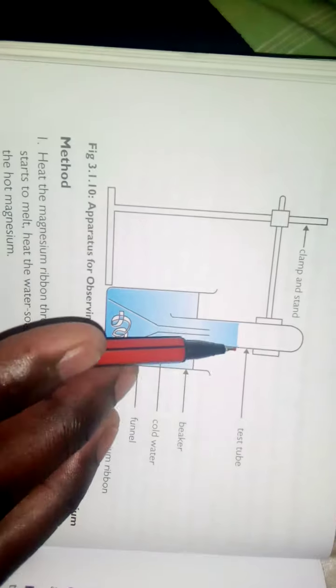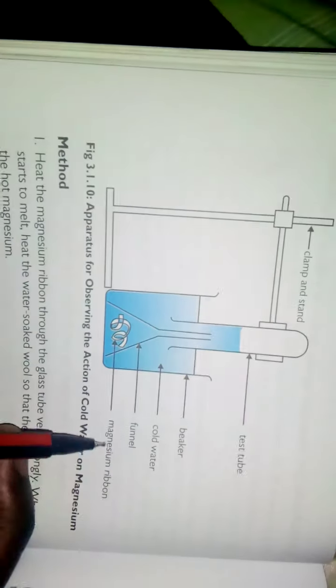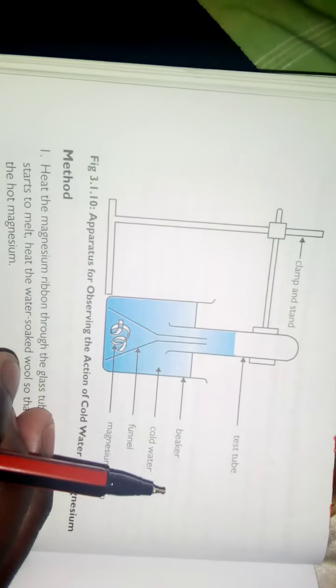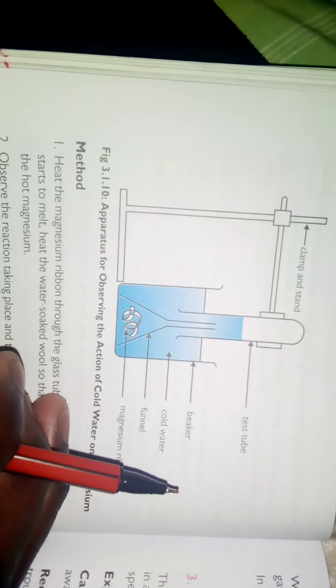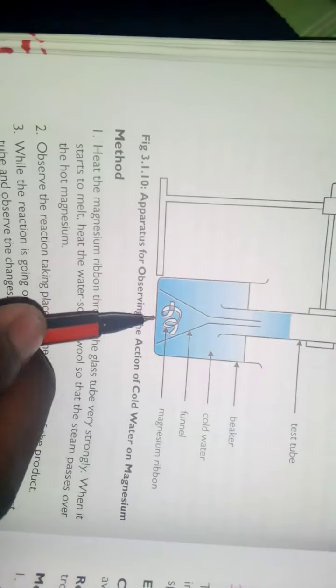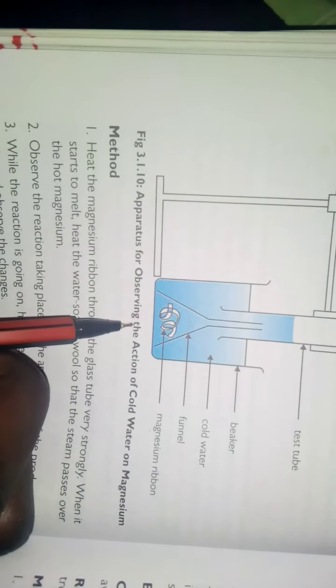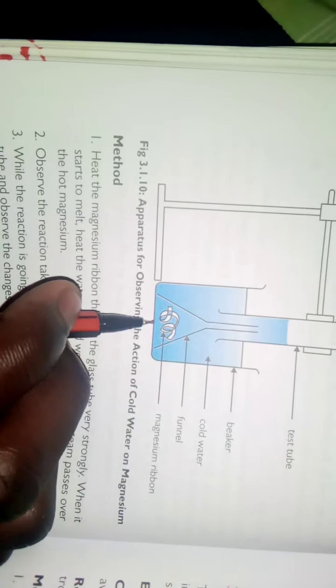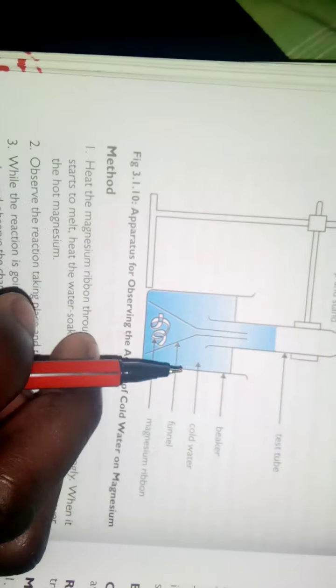So the gas produced will be hydrogen as well when a metal reacts with water. That is another method in which hydrogen is prepared. The reaction takes place by heating the magnesium ribbon a little, and it produces the gas called hydrogen.